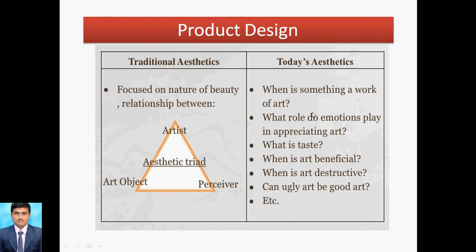It can be checked on a visionary basis and on a touch basis. All these parameters are considered in today's aesthetics. That means it is not only appreciation, it also covers the quality of the product. So this is regarding traditional aesthetics and today's aesthetics.